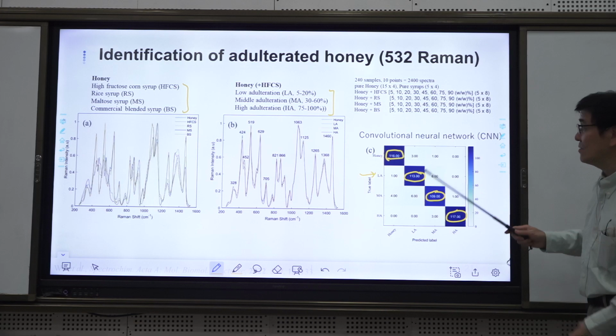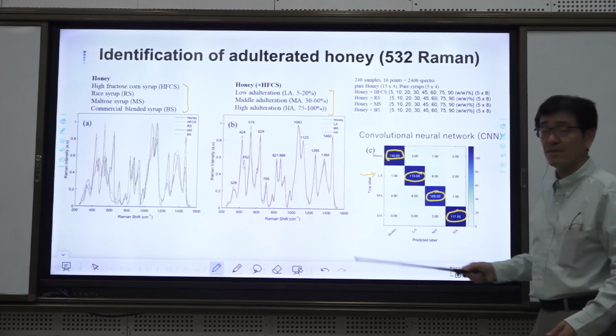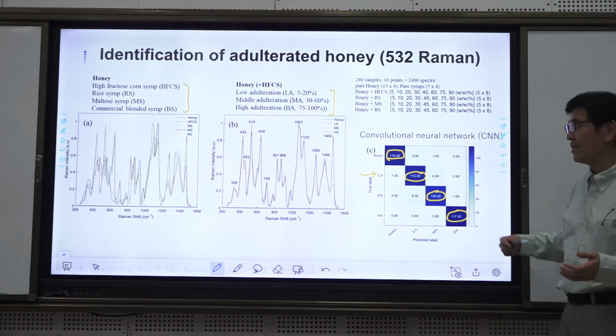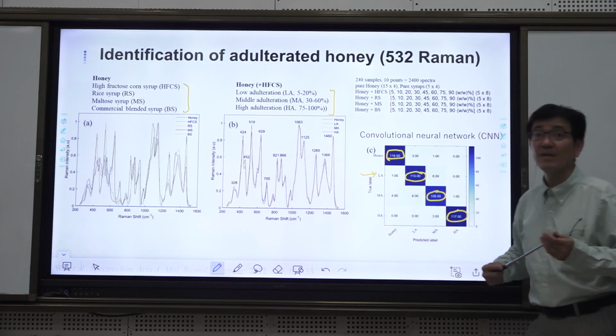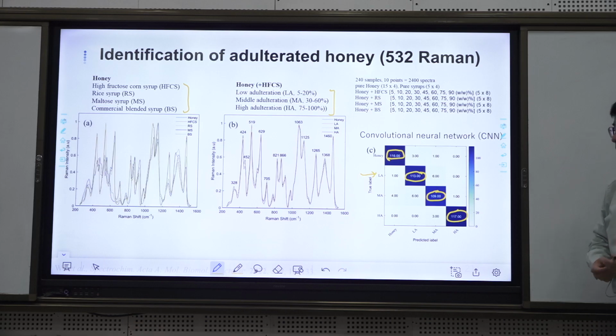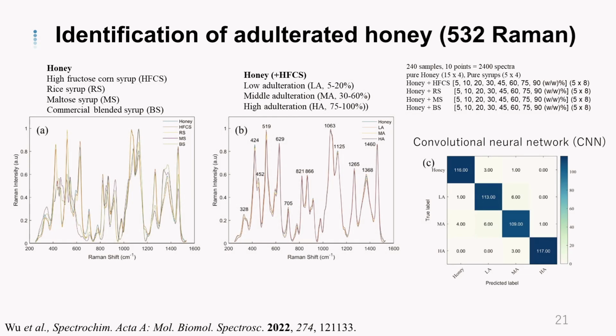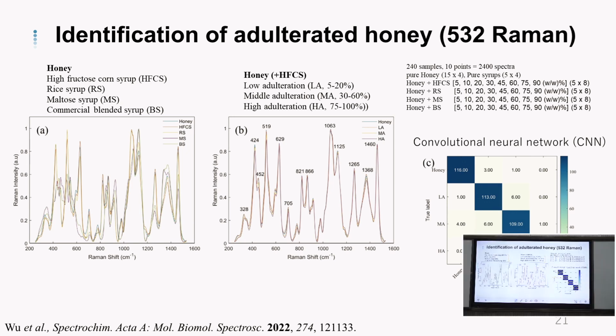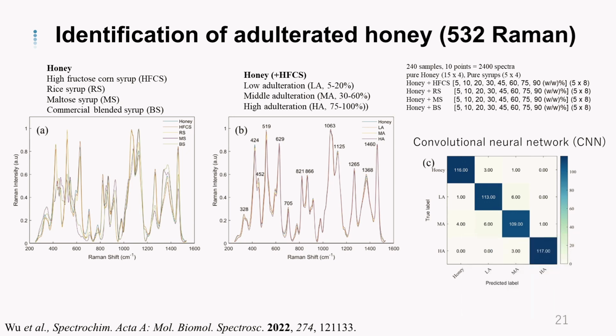And if you find a difference, please consider why it is different. Then you will get further knowledge about the object. Okay? But anyway, this is a convenient method to distinguish adulterated honey from pure honey using vibrational spectroscopy.